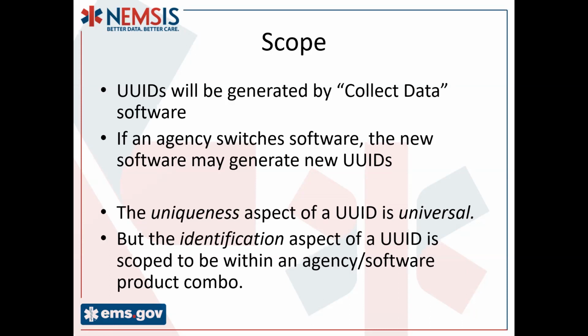That's the extent of the scope for identifying an object using UUID. In other words, if we change the agency or software, the same real world thing may be identified by a different UUID. So that identification aspect is only guaranteed within the scope of that agency using that software product.